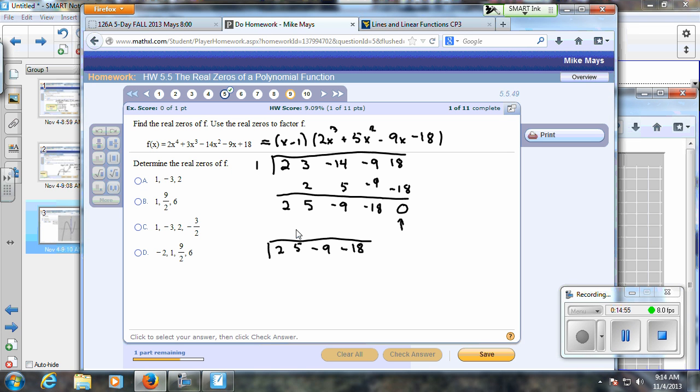I see 2 possible answers, A and C, both have 2 as a possibility, so I will try 2 as a possibility, and I'll show you in a minute. I don't care if it works or not as far as figuring out what the answer is going to be. 2 times 2 is 4, and add is 9. 2 times 9 is 18, and add is 9. 2 times 9 is 18, and add and get 0.